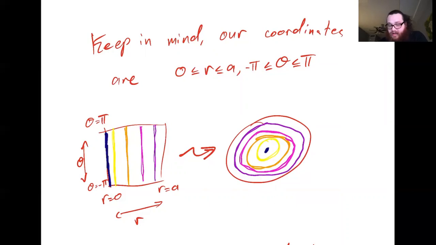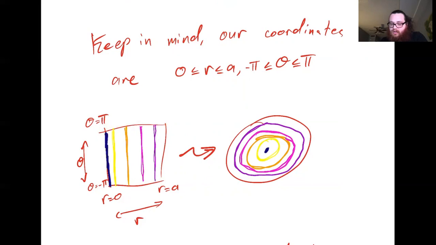And the possible angles that we can plug into our function are going to be between negative pi and pi. So if you look at r between 0 and a, and theta between negative pi and pi, and you draw that, you get something like this rectangle. r equals 0 is this line, r equals a is this line, theta equals negative pi is this line, theta equals pi is that line.